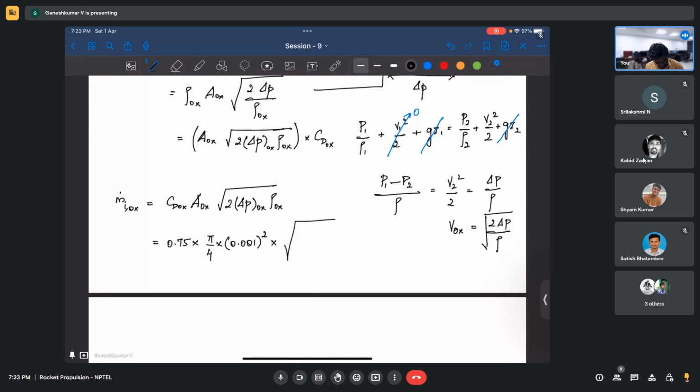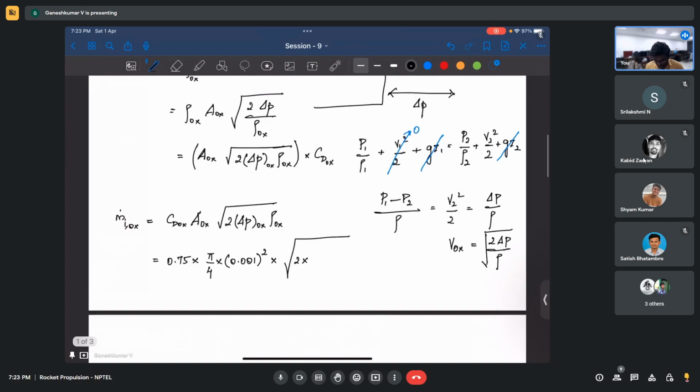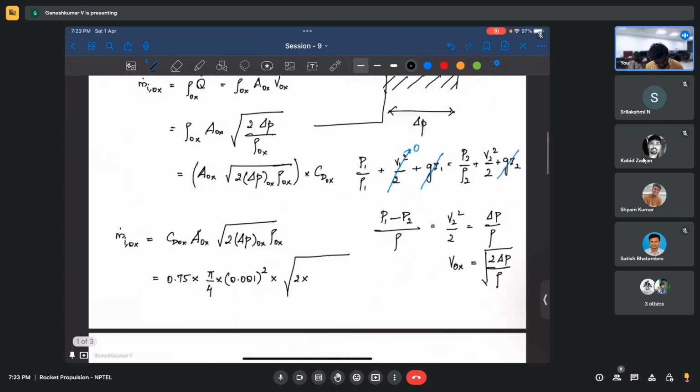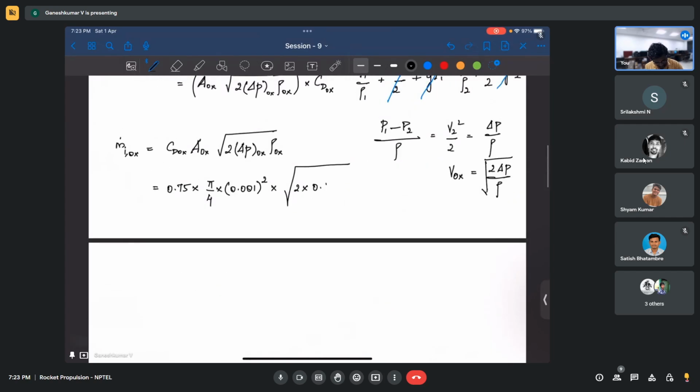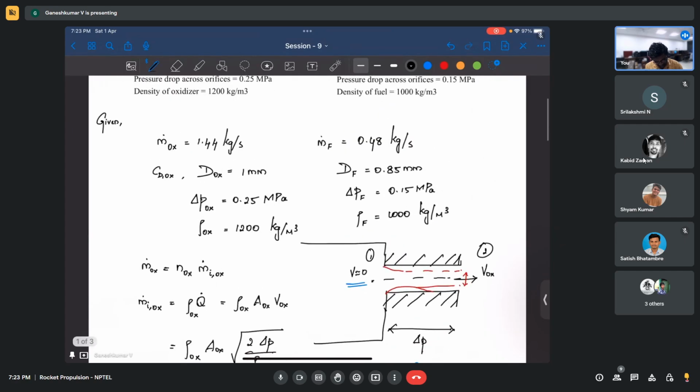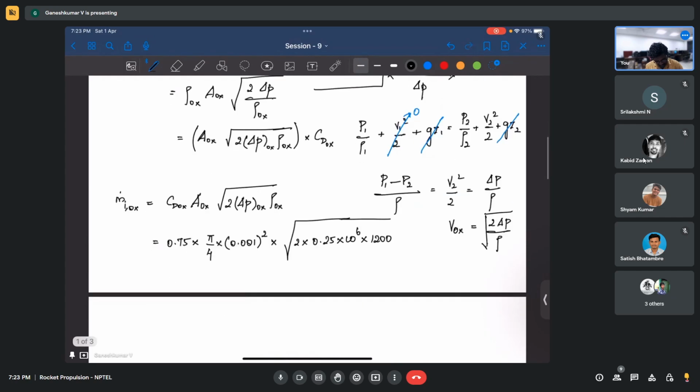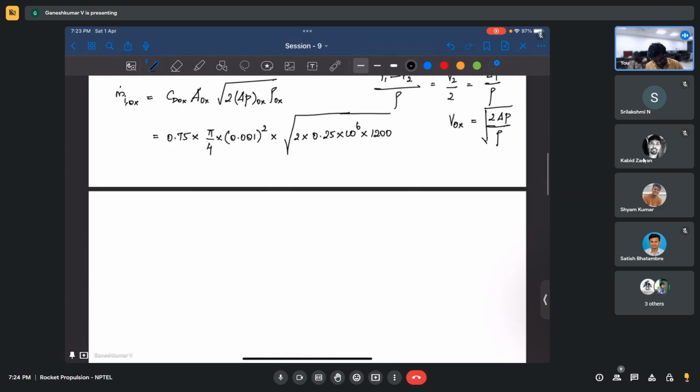And then square root of 2 times the pressure gradient here, 0.25 megapascals, so 0.25 into 10 power 6, and then density is 1200 kg per meter cube. This is the mass flow rate through a single orifice.